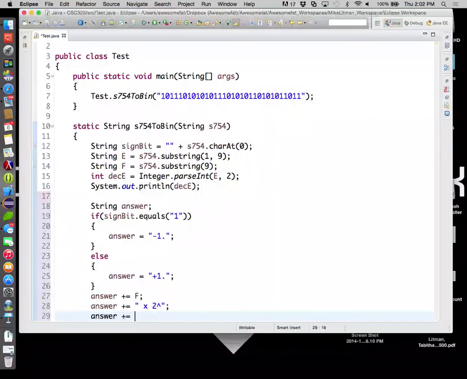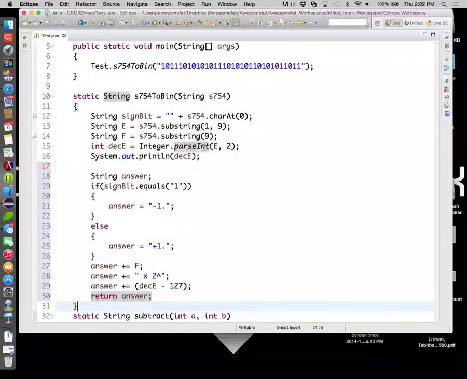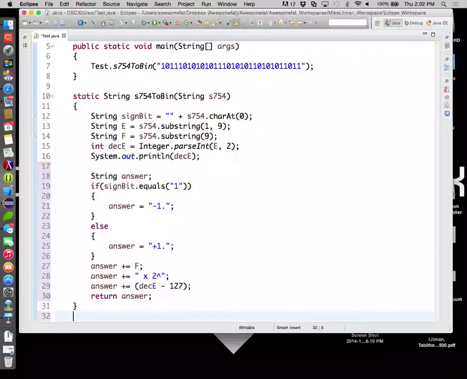Answer plus equals, we called it dec E, minus 127. And then we'll return our answer.